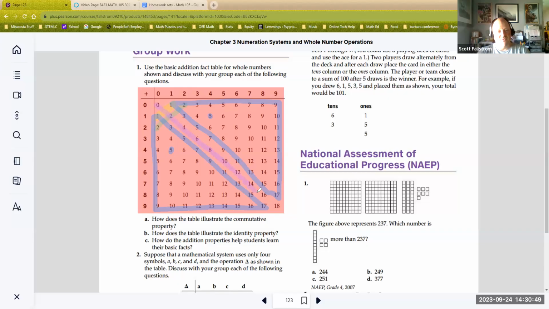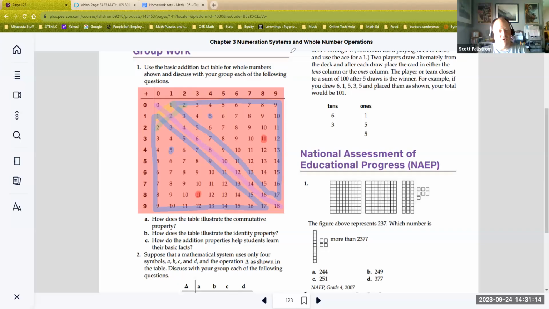Look at it, 2, 4, 6, 8, 10, 12, 14, 16, 18. So the line of perfect doubles, when you add a number to itself, there's no mirroring that because there's no other way to get 3 plus 3 in the picture. But for every other symbol, any time that you have, what is this, 3 plus 8? Well, guess what? You've got an 8 plus 3 right down over here, and they mirror each other.